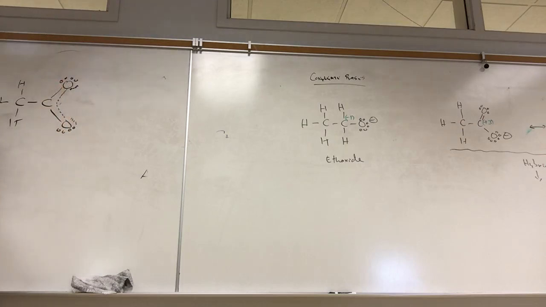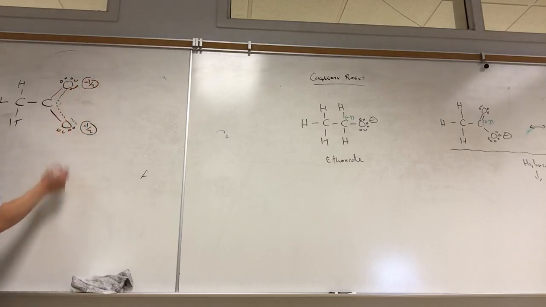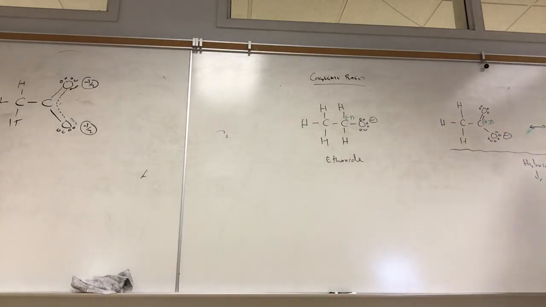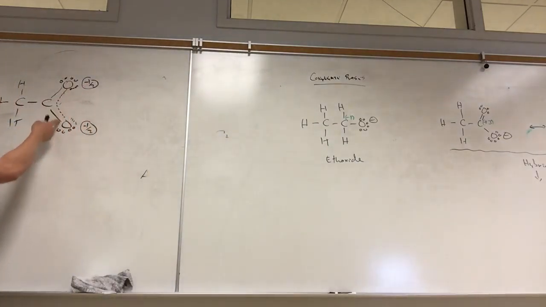Bond order is 1.5. And so when we look at the formal charge on each of these, it's -1/2 on each. And so what we've done is cut the charge on the oxygen by half. It's going to make it a lot less reactive. Bases want to seek out protons. Protons are positively charged, so this is going to be much weaker.